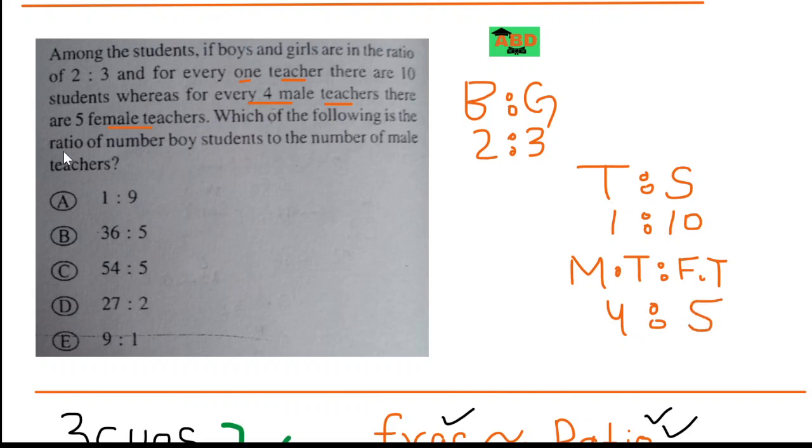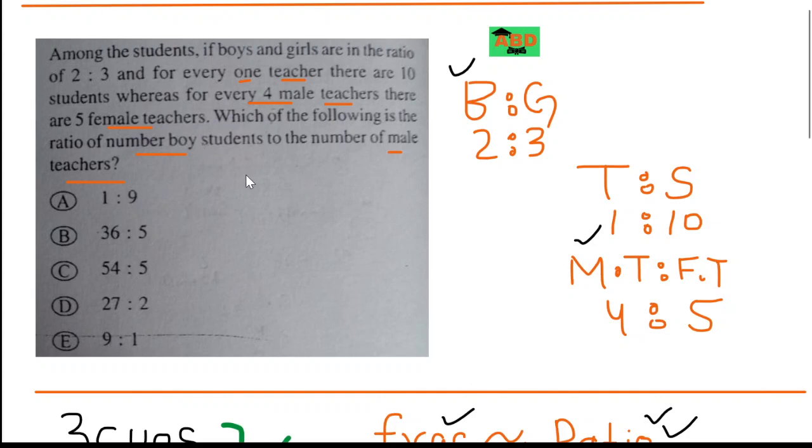And which of the following is the ratio of number of boys to the number of male teachers? So the question is basically interested in, if these are the relationships given, what is the relationship between the boys and the male teachers?